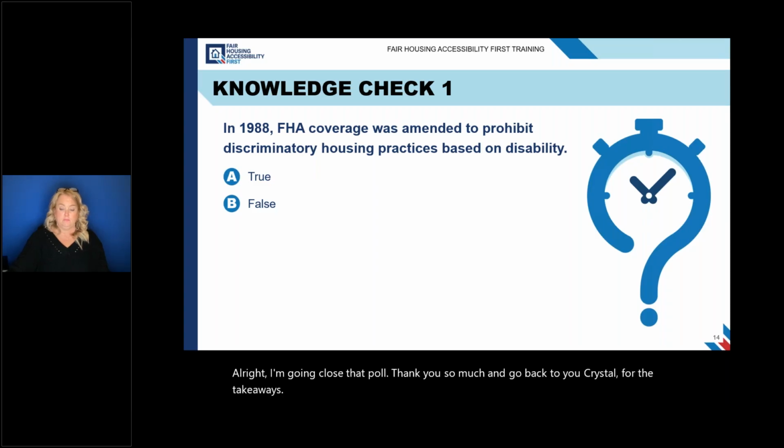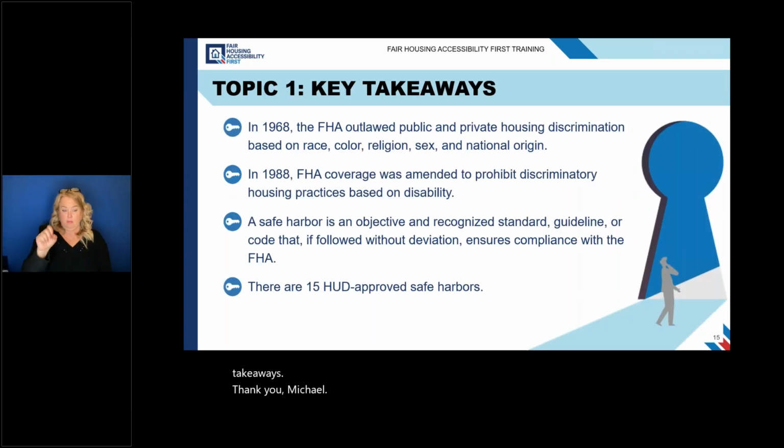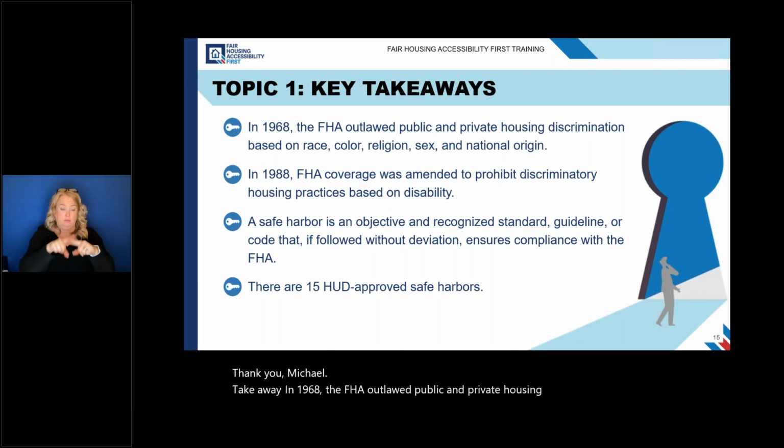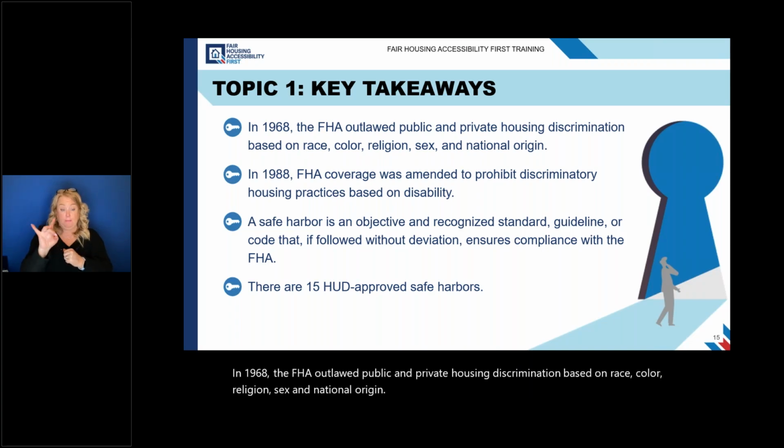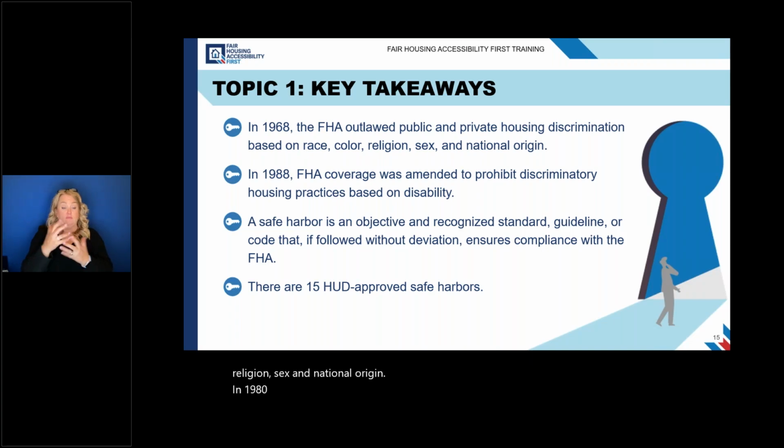Thank you, Michael. Key takeaways. In 1968, the FHA outlawed public and private housing discrimination based on race, color, religion, sex, and national origin. In 1988, FHA coverage was amended to prohibit discriminatory housing practices based on disability.